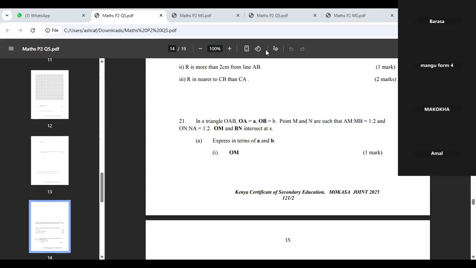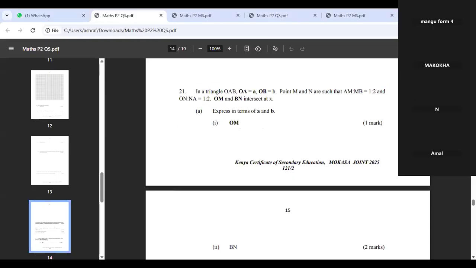OA we have been given as A. Then AM will be 1/3 of AB, and AB is B minus A. So you have A plus a third B minus a third A. That will give us 2/3A plus a third B. Is that okay? So we get 2/3A plus 1/3B, that is OM.